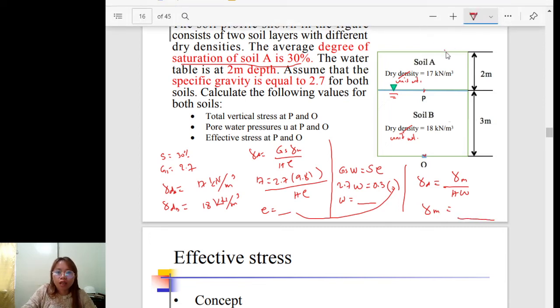Kay kung naa nay water diri, meaning ang imong B, this should be gamma saturated na. Di na gamma moist. In this part, dapat moist unit weight imong gamiton to get the stress, not the dry unit weight. So that is why atong gikuha ang moist unit weight, no?